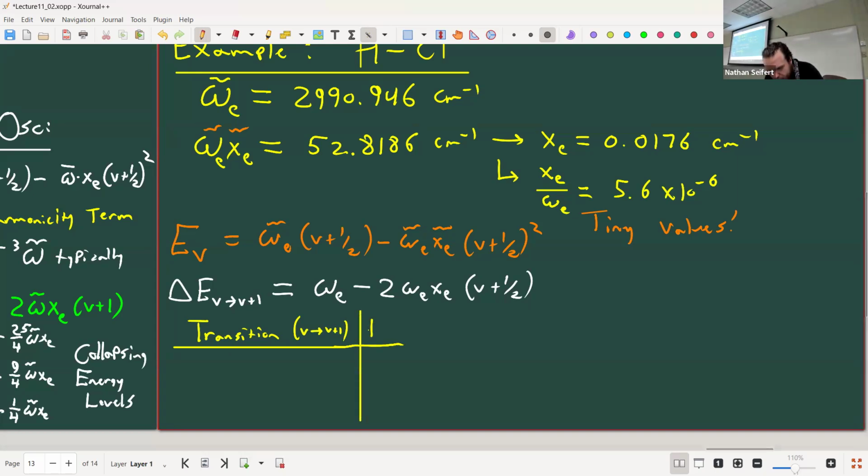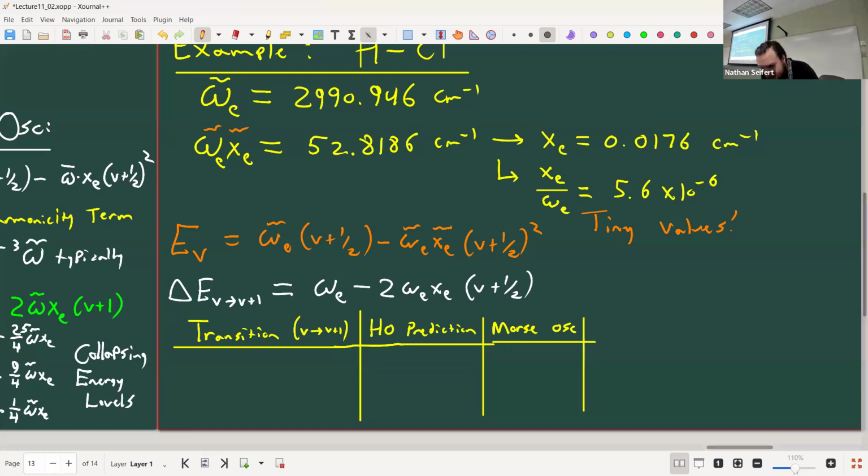We're going to look at the harmonic oscillator prediction, and then the Morse oscillator prediction, using the values above on the top of the screen, the omega E and the XE. And then we'll look at the experimental value for the line.